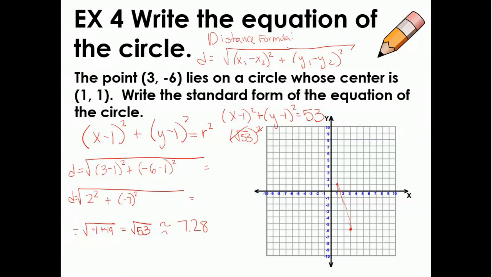So basically, to create my graph, I'm going to go from (1, 1) in each direction and go out 7.28. So right there. 1, 2, 3, 4, 5, 6, 7. There. 1, 2, 3, 4, 5, 6, 7.